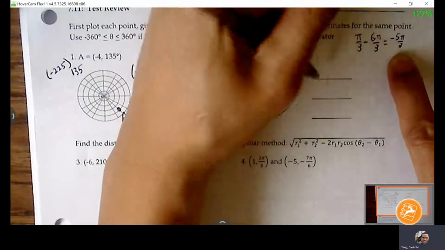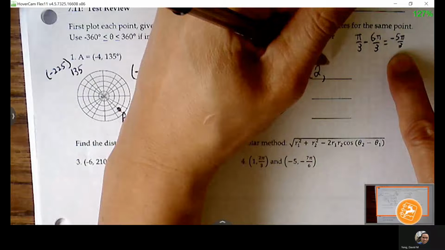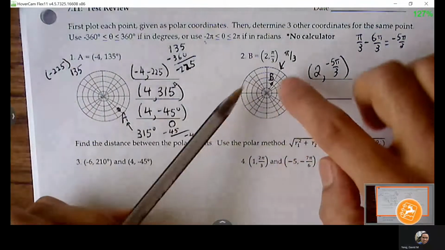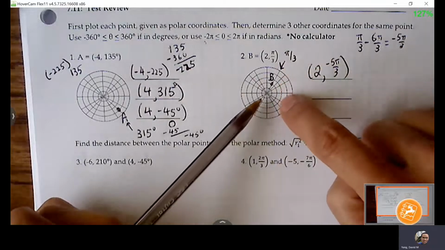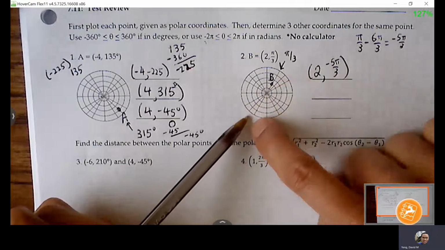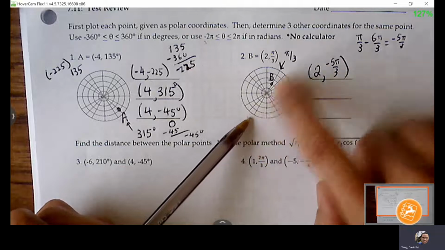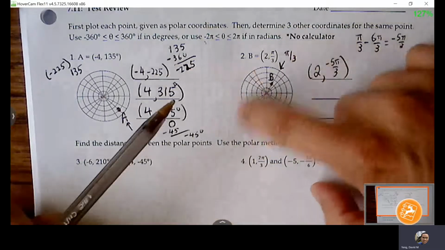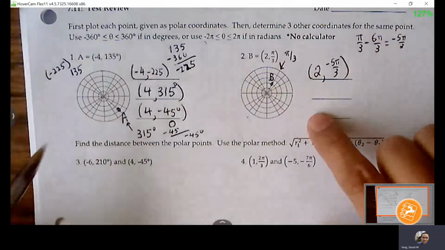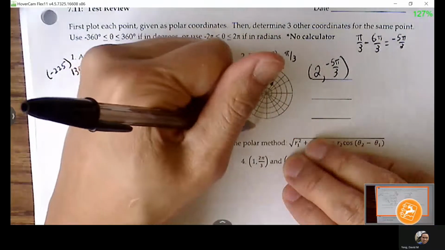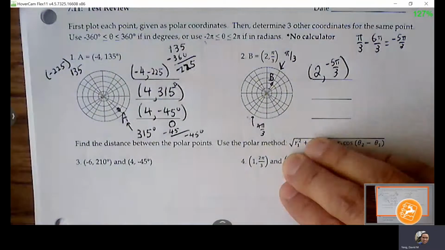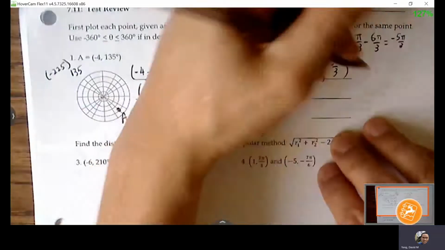I'm going to walk 2 units towards it. But I can also walk 2 units away from the opposite angle. So pi over 3 in the third quadrant is going to be 4 pi over 3. Or you can always add pi to get from one side to the other. So if I walk away from 4 pi over 3, that's negative 2.